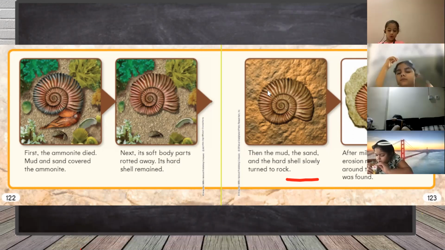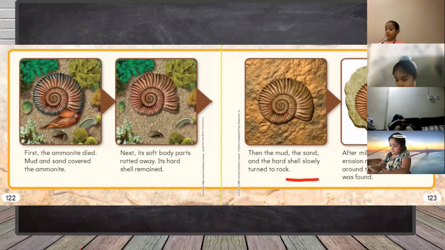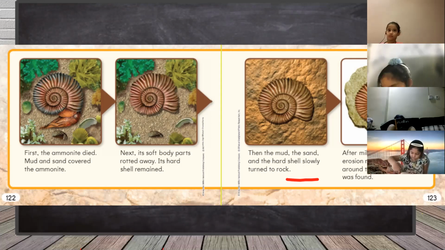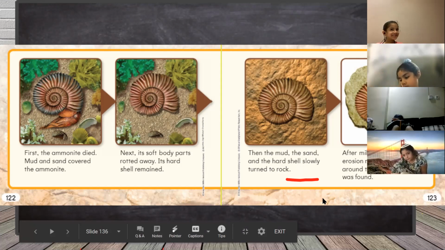But I want you to tell me the step before they found the fossil. Is it the first picture, second, third, or fourth? Which picture is the answer? I think the first. Okay, thank you, Dania.